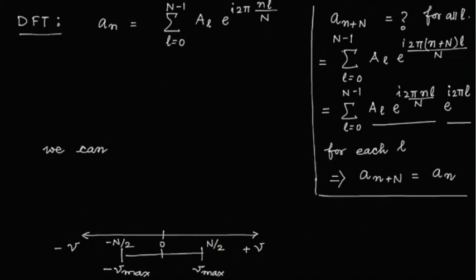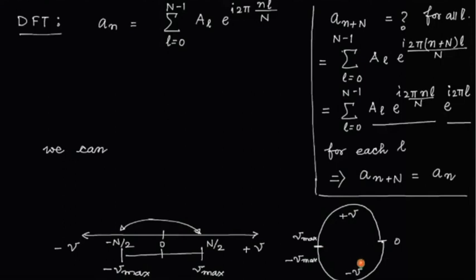Because it has a period like this, you can as well add these two points together. So that is nu max or minus nu max, the same point, and this is 0. This is positive nu here and negative nu here, so they fold back to the same point.